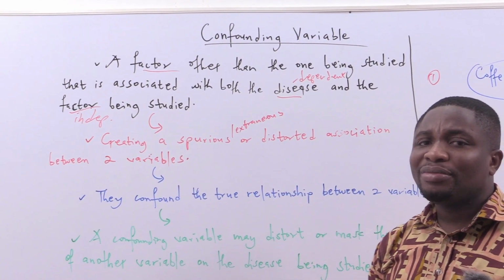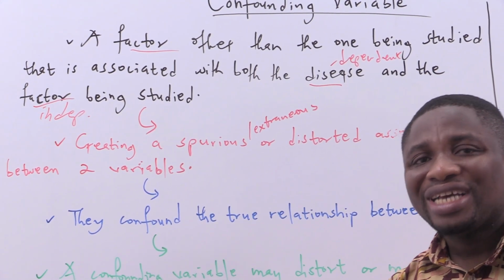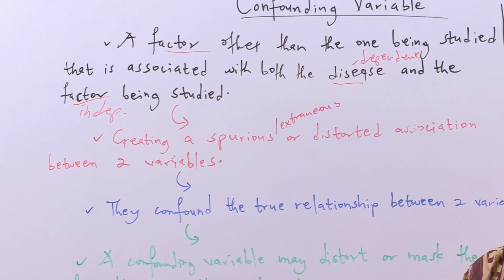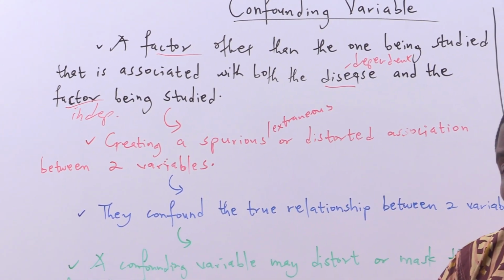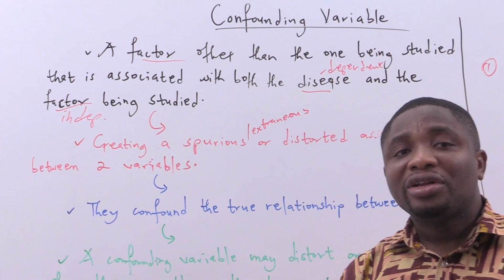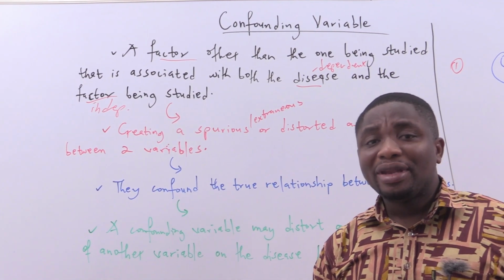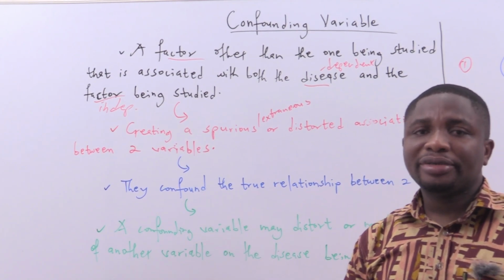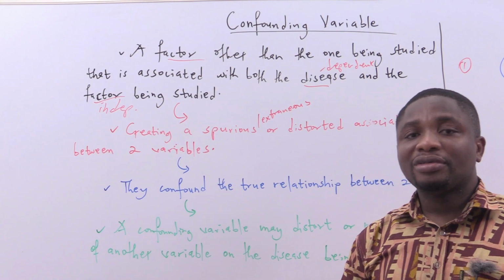The disease and the factor being studied would exhibit a distorted or extraneous or spurious association as a result of the confounding variable. Because of that, the confounding variable is also referred to by some epidemiologists as a spurious variable or an extraneous variable.